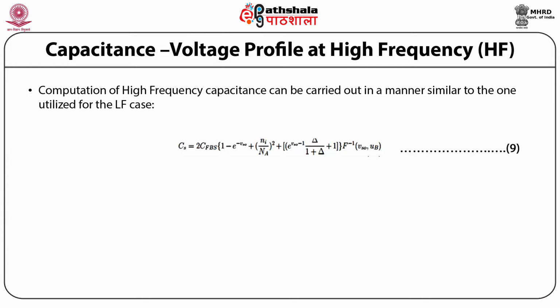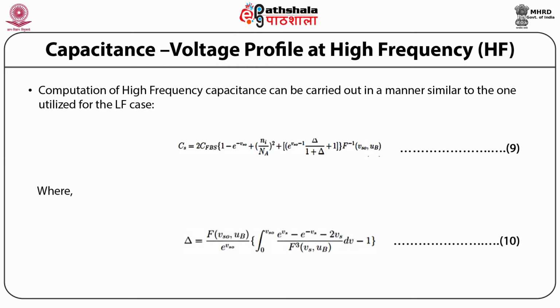That is, Cs is equal to 2 times CFBS into within the brackets 1 minus e raised to power minus VSO plus small ni by Na whole square plus within the brackets e^VSO minus 1 into delta by 1 plus delta plus 1 brackets close into F inverse of VSO, UB, where delta is equal to F of VSO, UB divided by e raised to power VSO into within the brackets the integral going from 0 to VSO of e raised to power Vs minus e raised to power minus Vs minus 2 times Vs divided by F cube of Vs, UB into dV, minus 1.